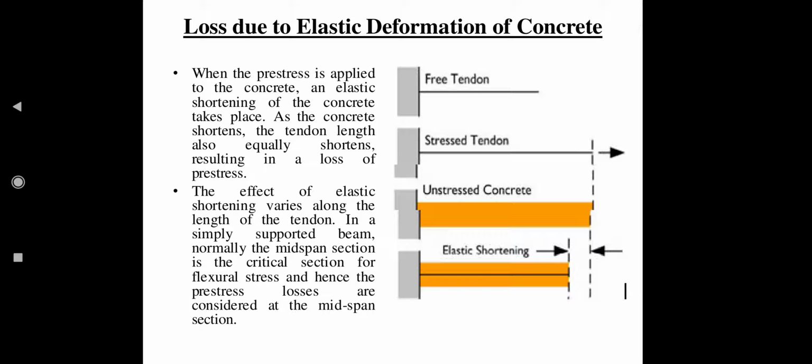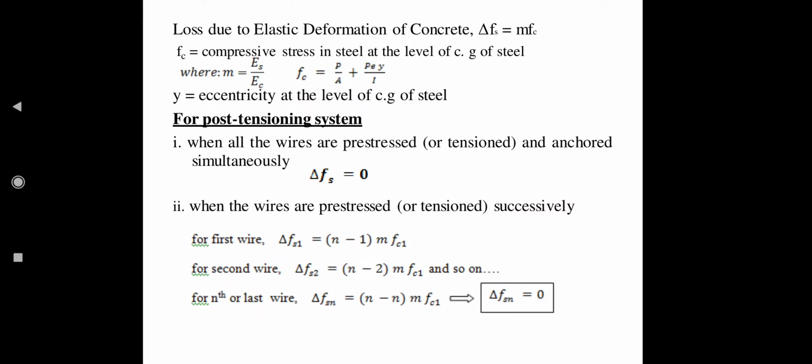So when the concrete length reduces, obviously the length of the steel tendon or cable will also reduce along with the concrete. The reduction in length of the steel cable or tendon is equal to the reduction in length of the concrete. So as a result of this reduction in length, there is a loss of prestress.